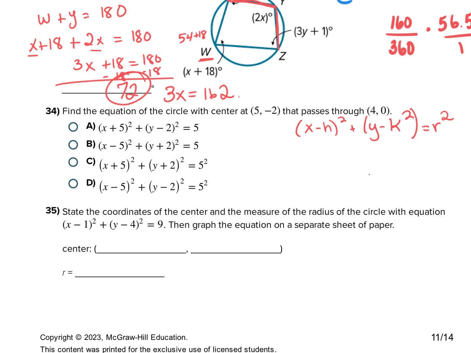Okay, and so with the center, (h, k) represents the center.